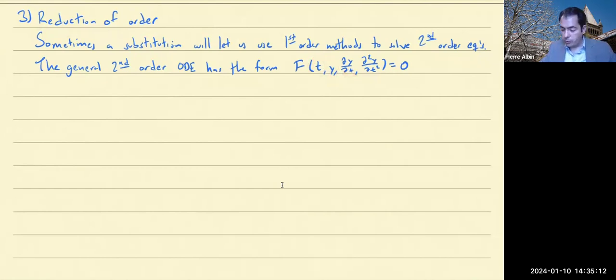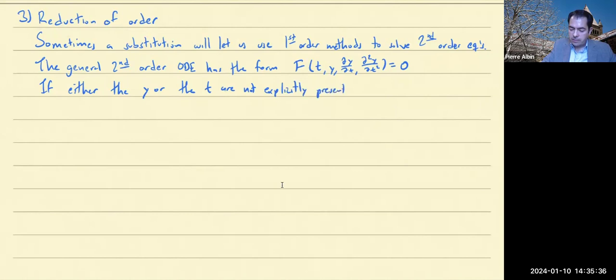And some relation between them, this capital F, is equal to 0. If either the y or the t are not explicitly present, then we can simplify and use first order methods.